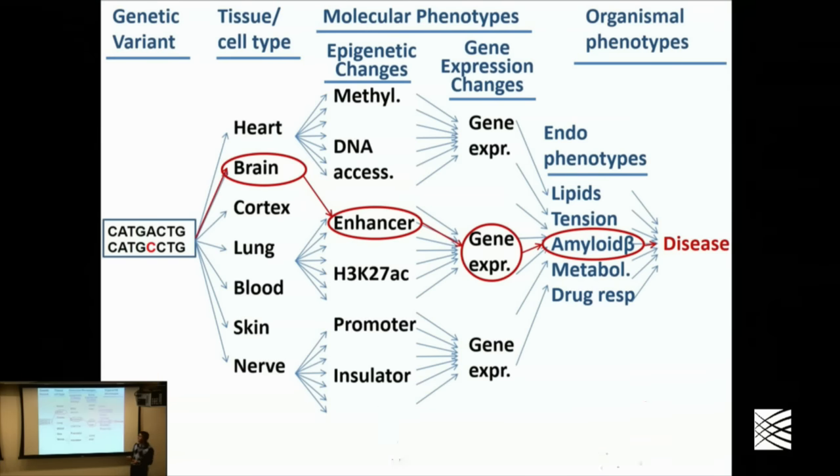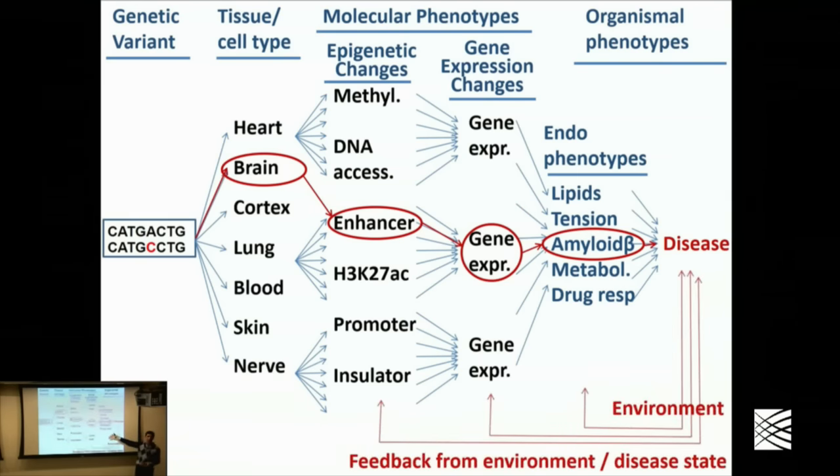So doing this, of course the challenge there is that you have these nice unidirectional arrows coming out of the genetics, but all of these other arrows are actually bidirectional, because the gene expression difference might be a consequence of the disease rather than a cause of the disease.